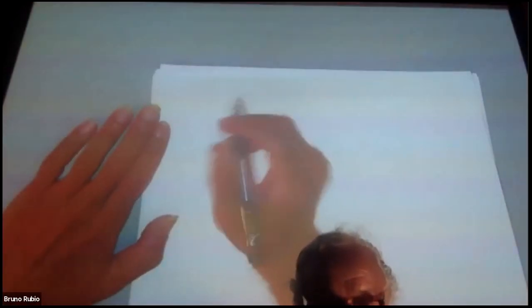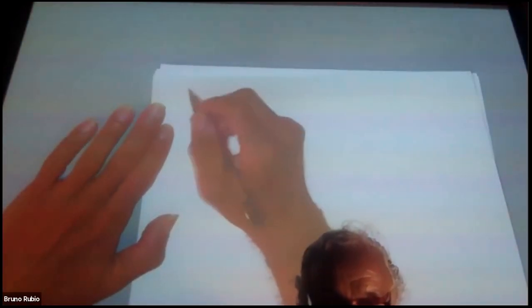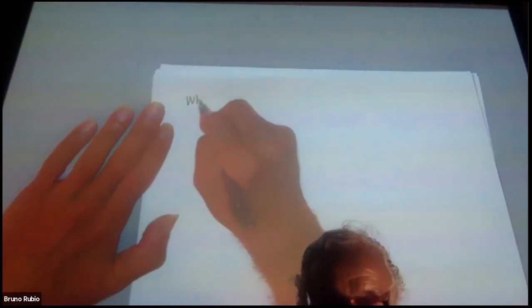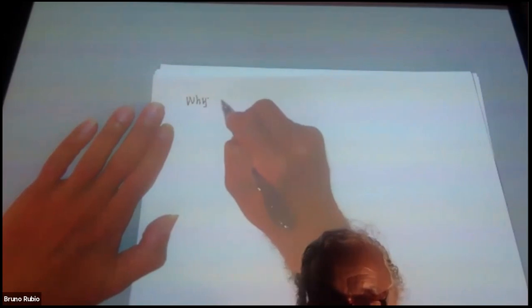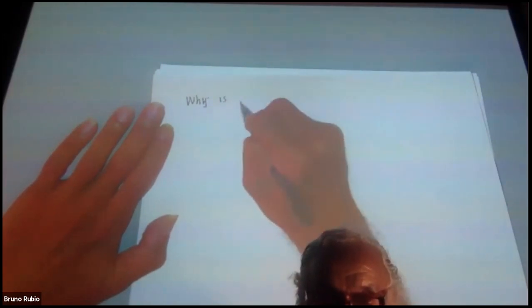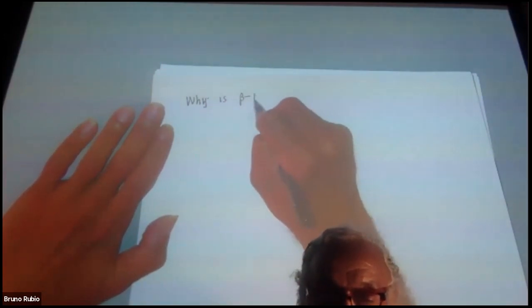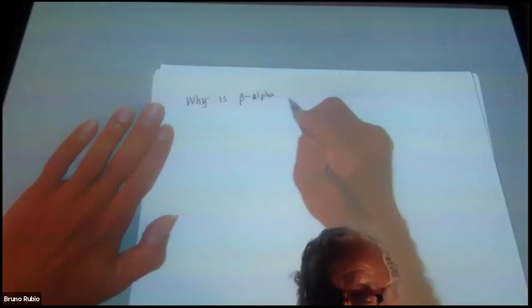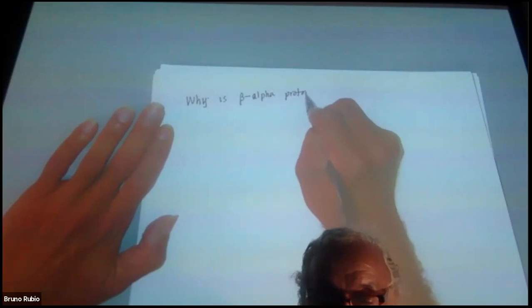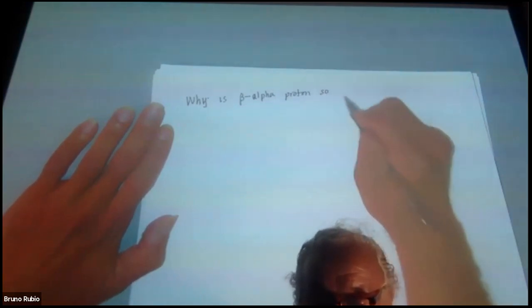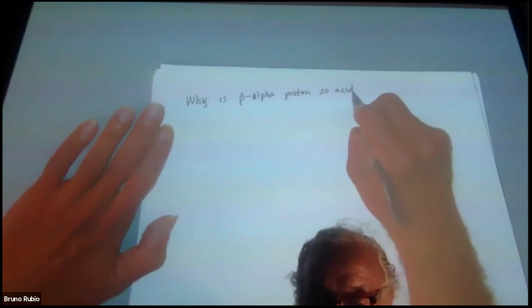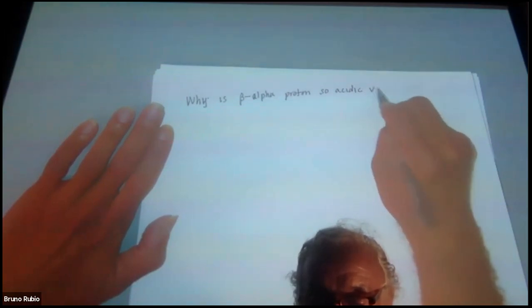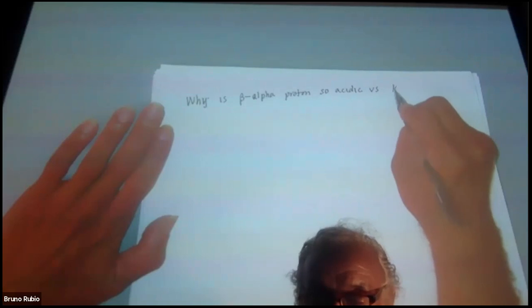Okay, so why is a bis alpha proton so acidic versus a ketone?